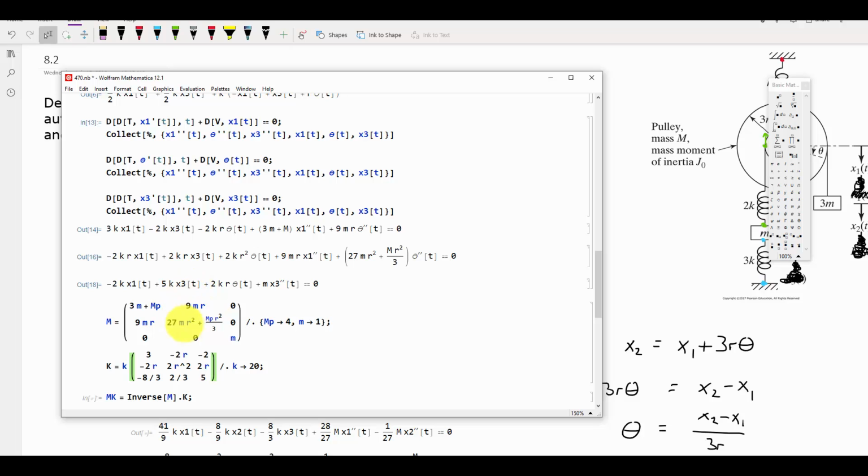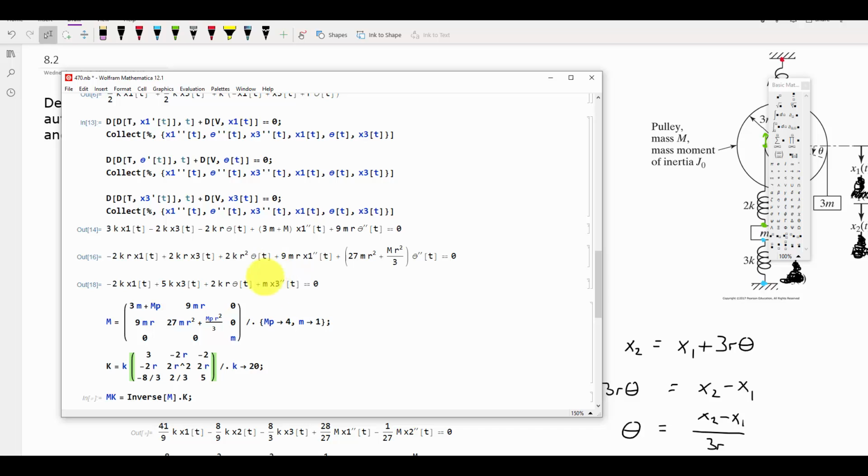So -2r times the k, 2 times r times the k for the x3, and a 2r squared for the theta. And then the third row, looking at the m, that is going to still be 0, 0, and just little m. x3 double dot's the only double dot term.